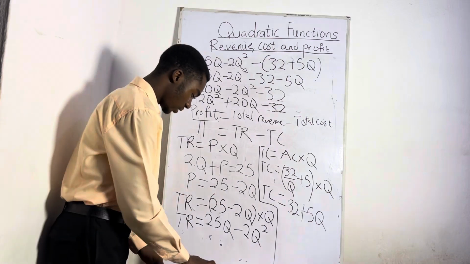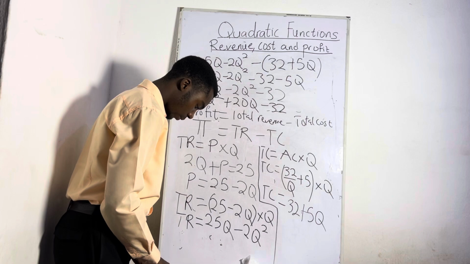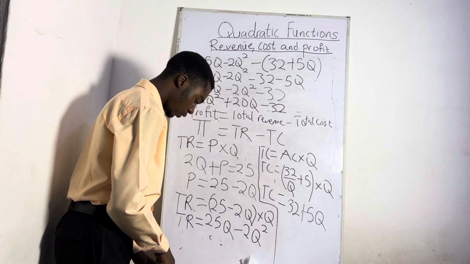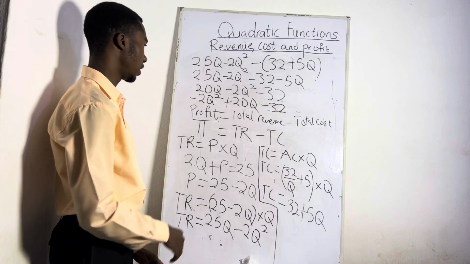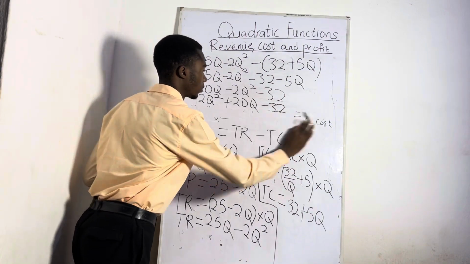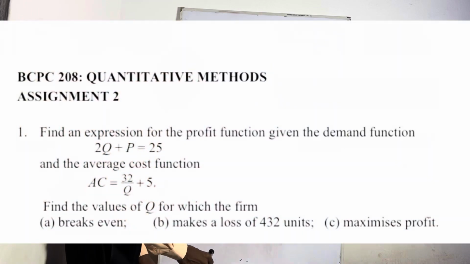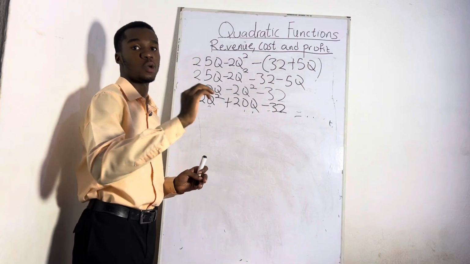So now what else did the question say we should find? The question said, find the values of Q for which the firm breaks even. All right, let me clean this part so that we solve it. So where a firm breaks even is where the profit is equal to 0.